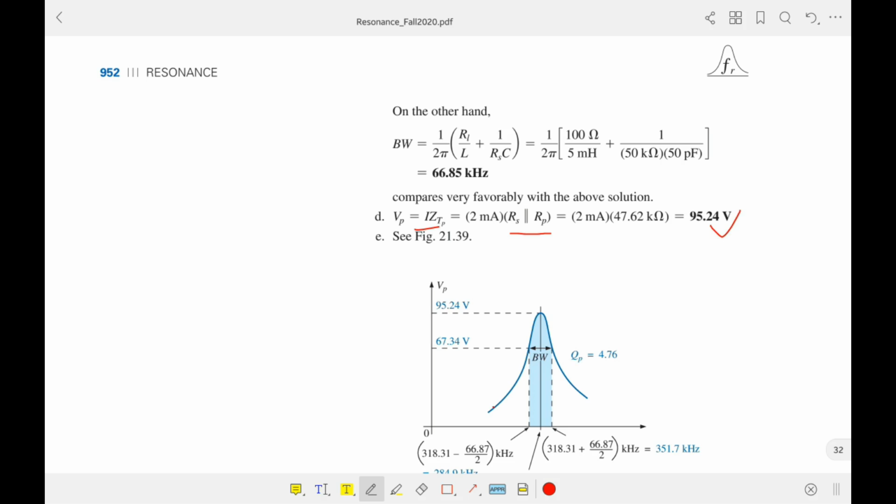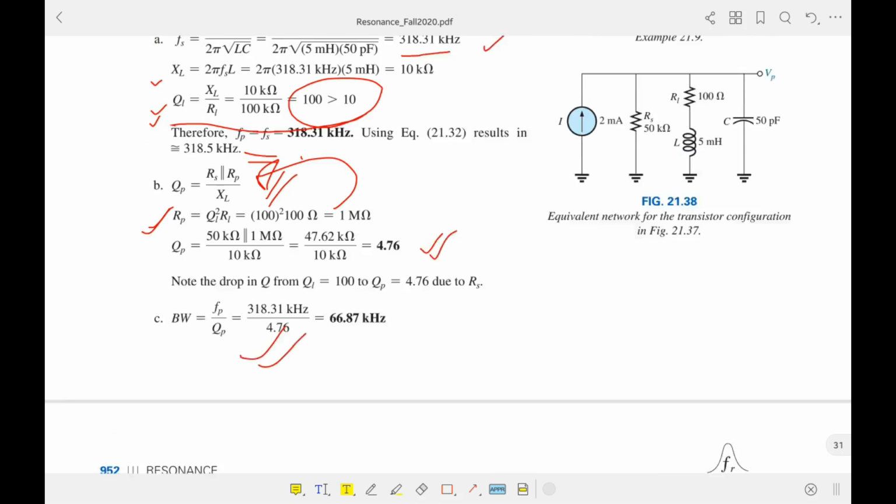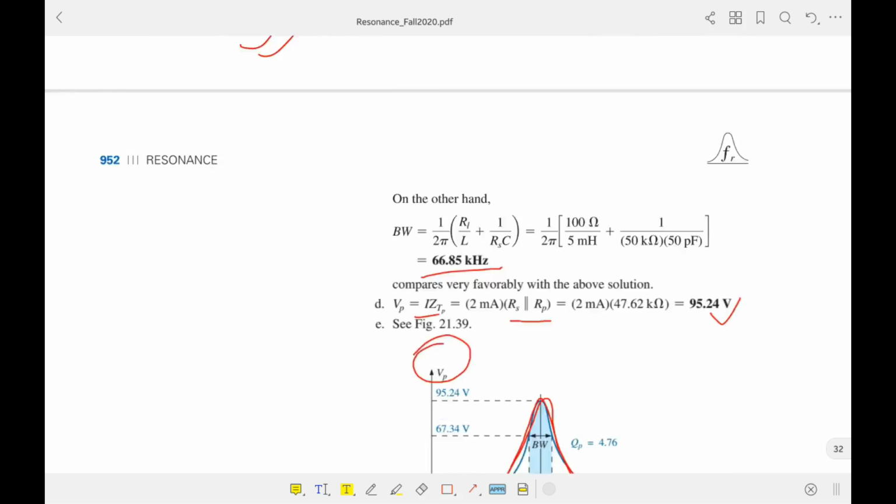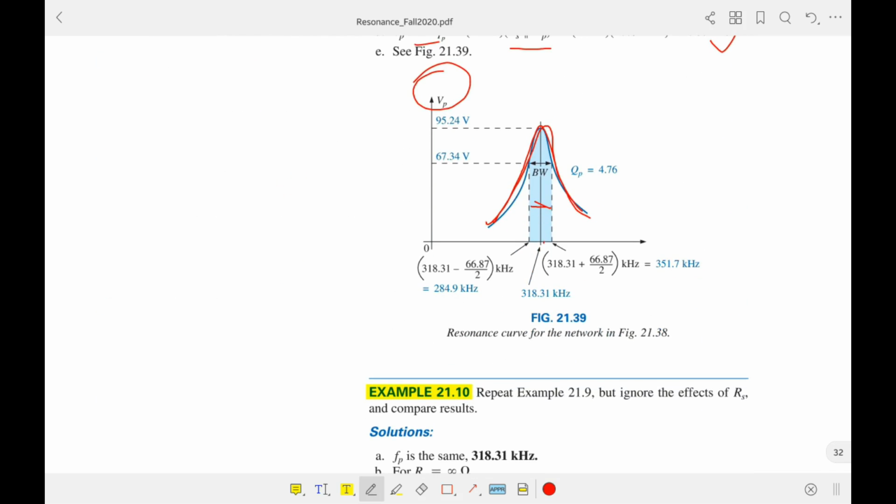And if you want to draw all this in a graph, let's say this is the typical curve for Vp and bandwidth. You already calculated the bandwidth like this. Since QL is greater than or equal to 10, you can obviously use the approximation. That means it is quite symmetric, and this portion you already calculated. Here the series resonance and the parallel resonance are all equal, 318.31 kilohertz. That means this point is basically 318.31 kilohertz, and this point is calculated just like the previous series resonance math.